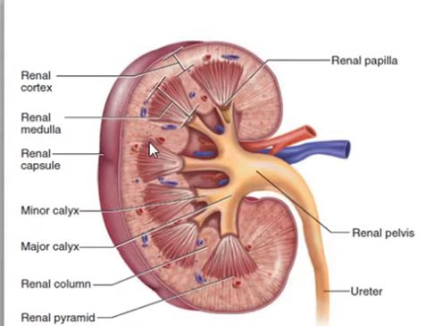The pyramid has both a base and an apex. The apex faces the pelvis, and the base faces the cortex. This top end we call the renal papilla, which faces the renal sinus and pelvis. This papilla opens into the minor calyx and major calyx.